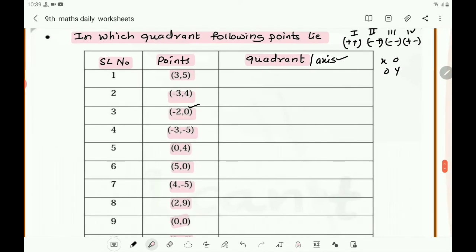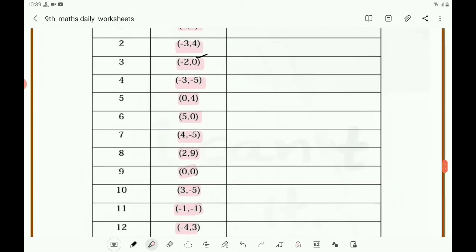Here you write the quadrant: first, second, third or fourth quadrant, or x-axis, y-axis, or it may be the origin sometimes. So mention the origin also.